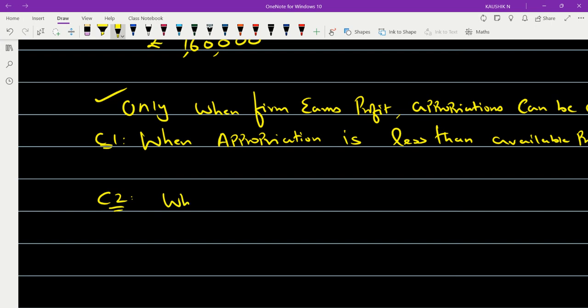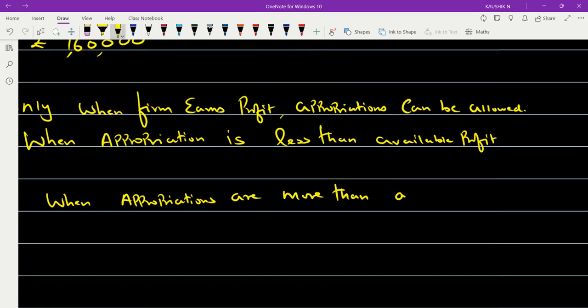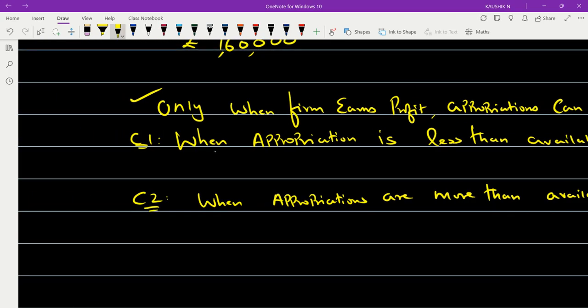Case two, when appropriations are more than available profits. What is the solution? Let's go with an example.